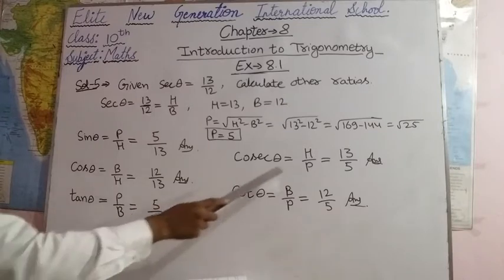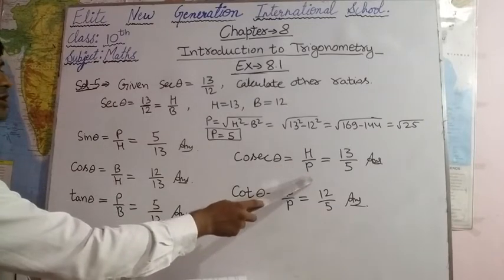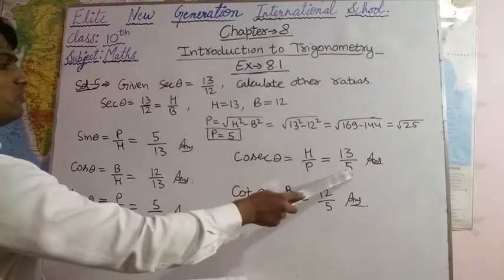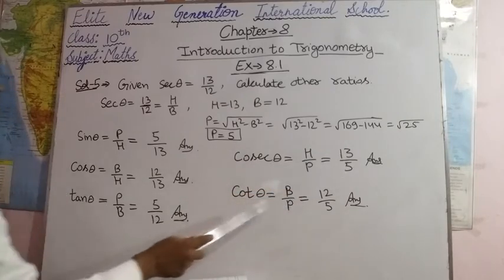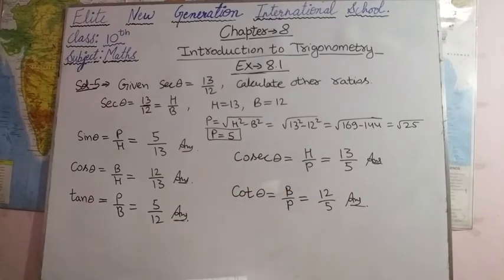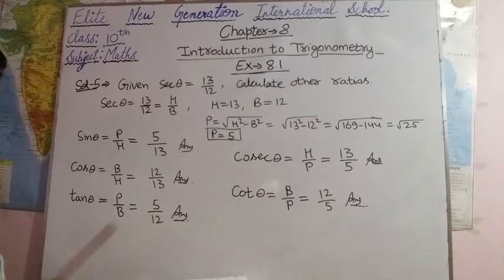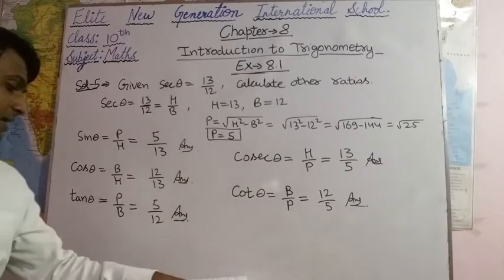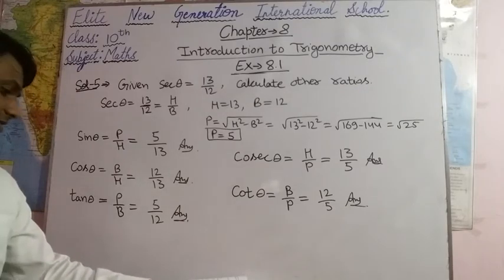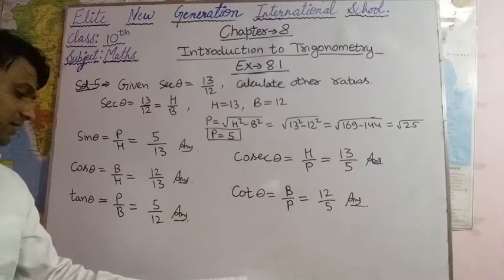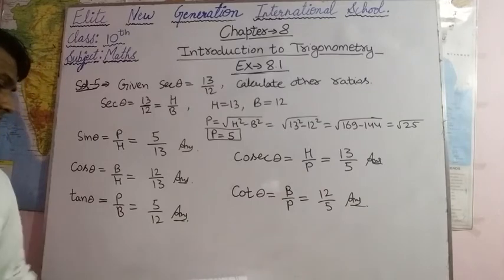Now cosec theta is hypotenuse upon perpendicular, so it will be 13 upon 5. Now cot theta will be base upon perpendicular, so it will be 12 upon 5. So in this way we can calculate the value of the other trigonometric ratios. Similarly, question number 6 is also the same, so you can try it. Now after this, see question number 7.